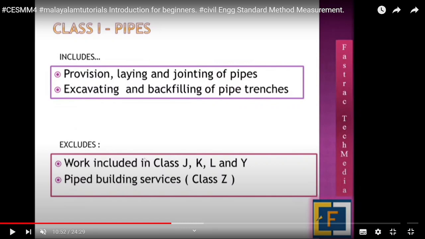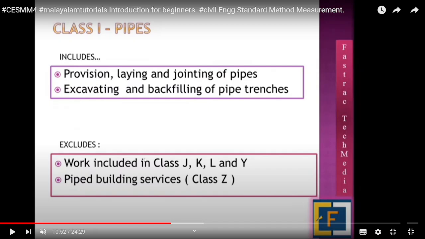Next is class I. Class I is roughly about those works related to pipes. Now you may be confused, thinking that whatever works we are using pipes for are included in class I. It is not like that. Again, J, K, L and Y, Z are not included.